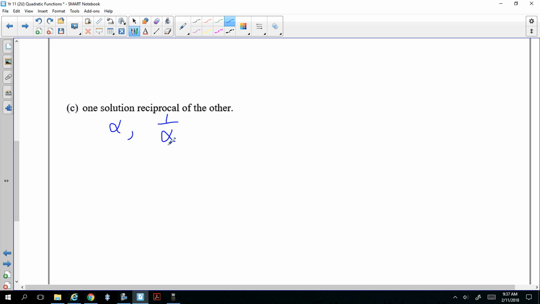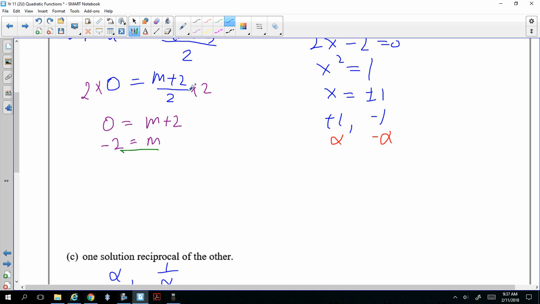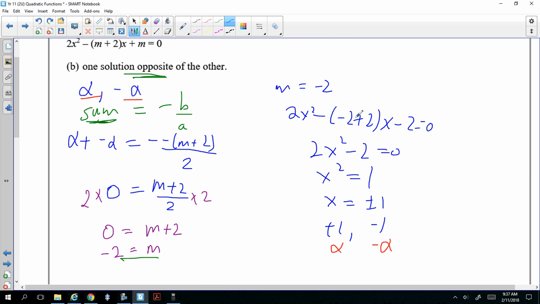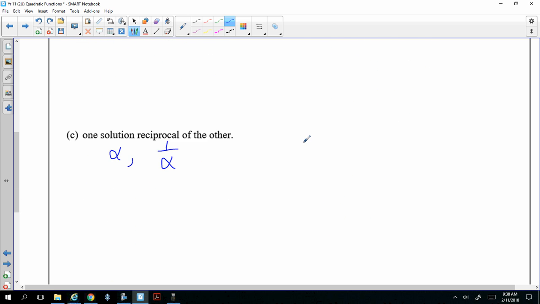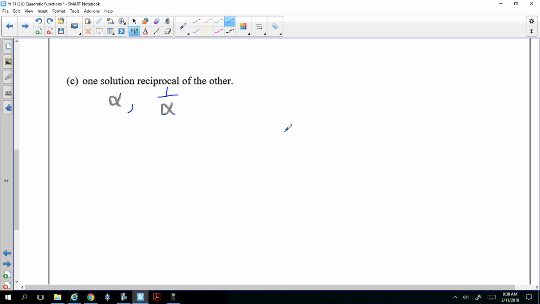Now reciprocal, I will just do the product straight away, because when you do the product of reciprocals, they cancel out. Right? So you do alpha times 1 over alpha equals m over 2. And alpha times 1 over alpha is gone, right? You get 1. So what's m equal to? M equal to 2.